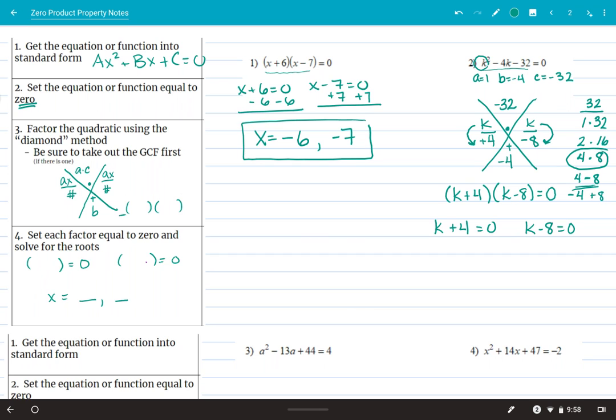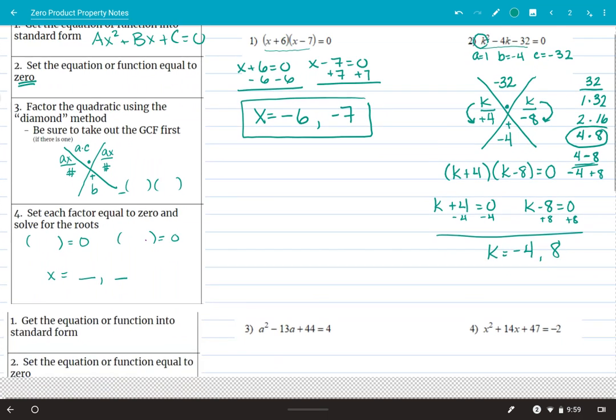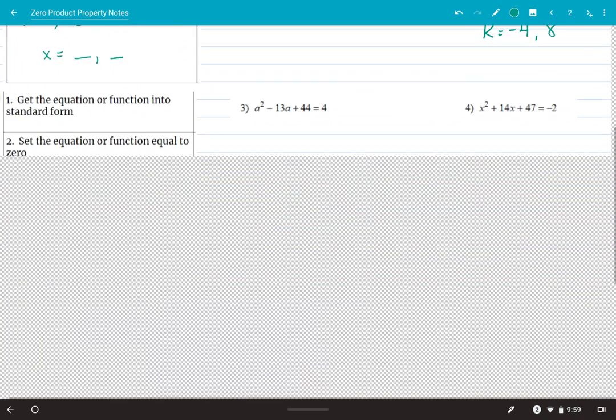If it's just by itself, it's always going to be the opposite. And we get k is equal to -4 and 8. So that means it's crossing at -4 and 8. And if we do the discriminant, which is the lesson also this week, we would find out it had 2 solutions.